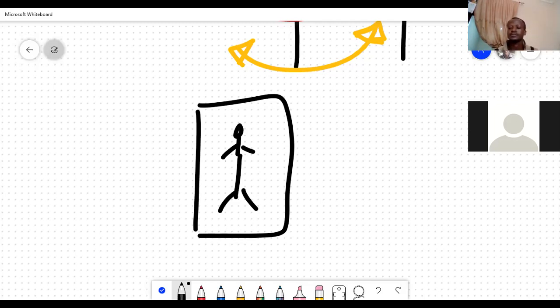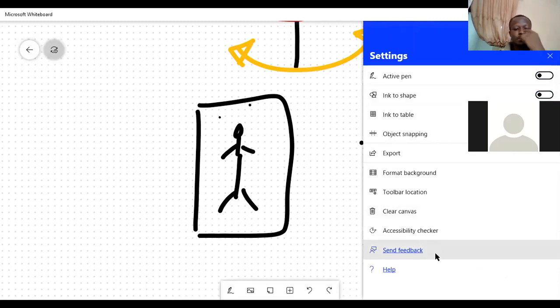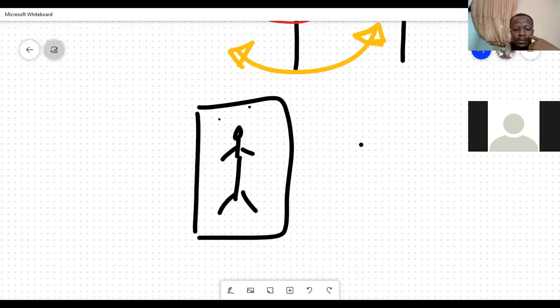Okay. So that's you on a bed. Okay. And your pillow is up here somewhere. Oops. Oh, don't do this to me. Okay.